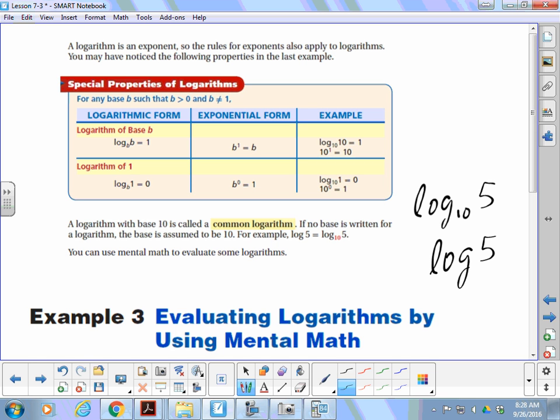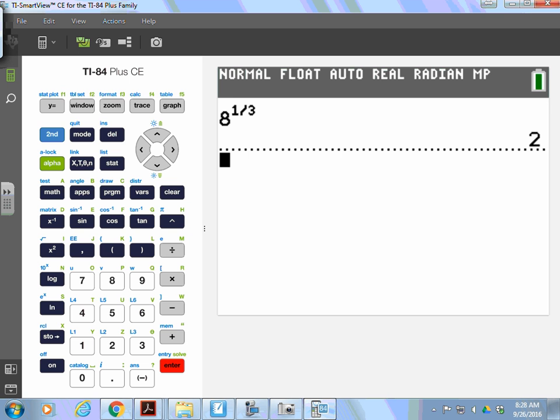So anytime there is no number as a subscript, or no base for the logarithm, that's always the common logarithm, and the base is 10. That's the one you have on your calculator. When you look at your calculator, next to the 7 key, there's the log key. You'll notice that that's the common log, for base 10.